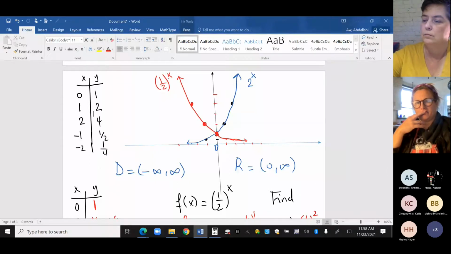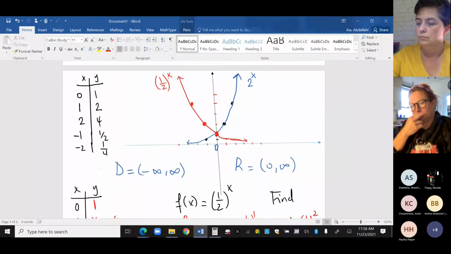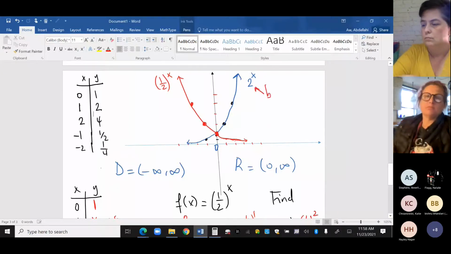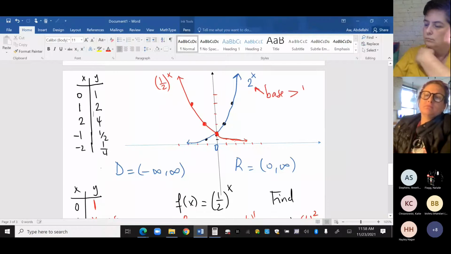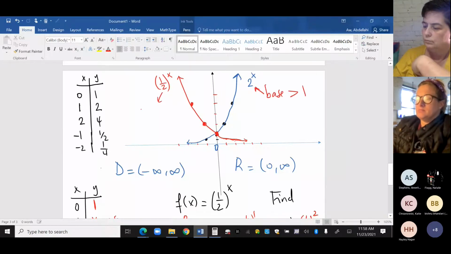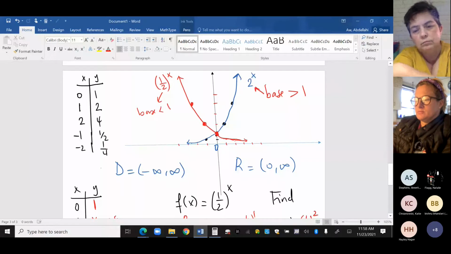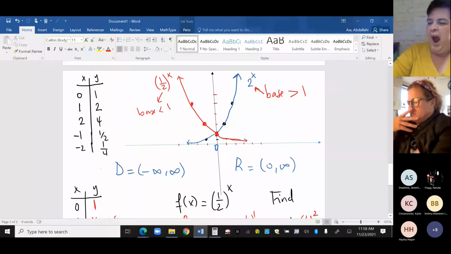When you graph an exponential function, your graph will always be like either the blue one or the red one, according to the base. Here the base is bigger than 1, and here the base is less than 1. When the base is bigger than 1, your graph will go up from left to right. When the base is less than 1, your graph will go down from left to right, okay?